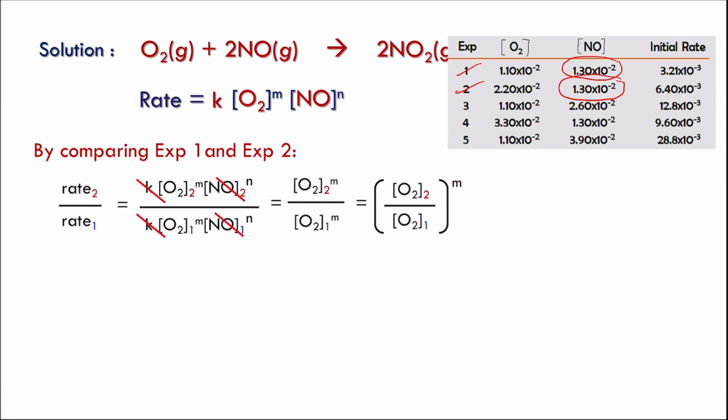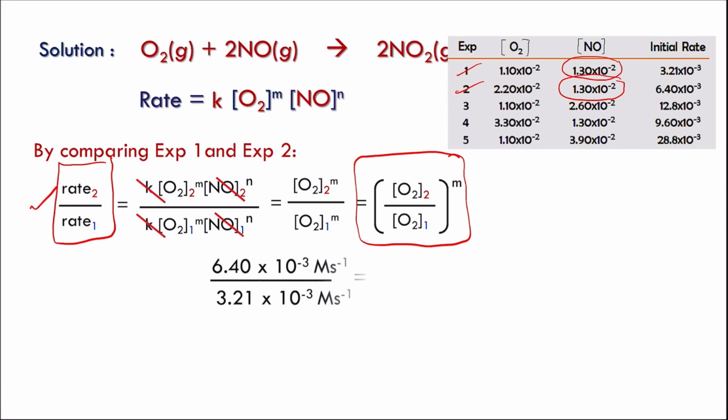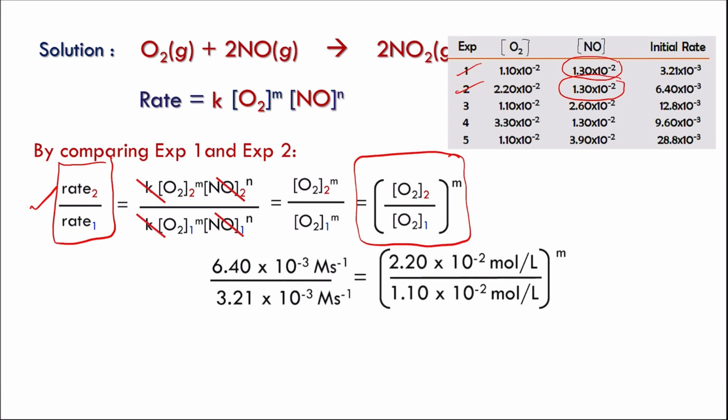So yang tinggal adalah this one dengan this one. So kita ada nilai ini based on initial rate. Dan kita ada nilai concentration based on these two experiments. So masukkan value, saya akan dapat nilai 2 equals to 2 to the power of M. So bila saya nak tentukan M value, M equals to 1.